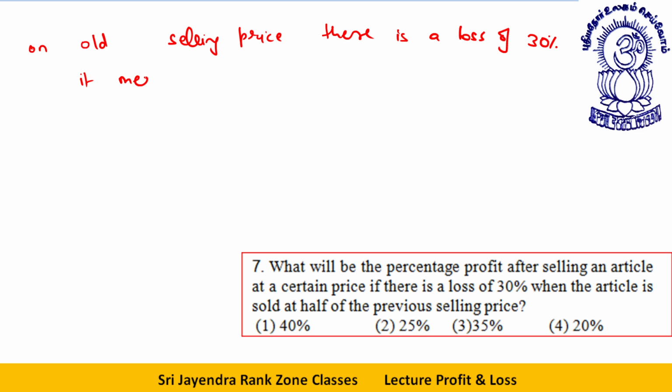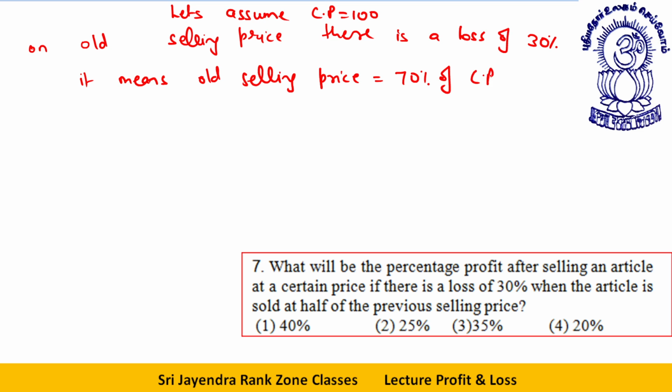Let's assume the CP to be 100 rupees. It means that if there is a 30% loss, the old selling price is equal to 70% of CP, that is 70 rupees.